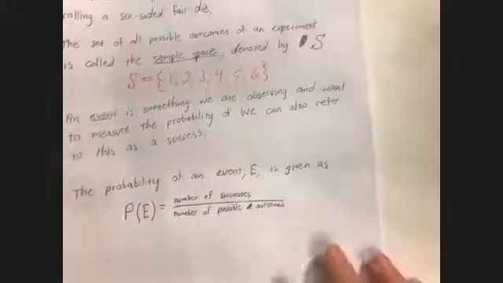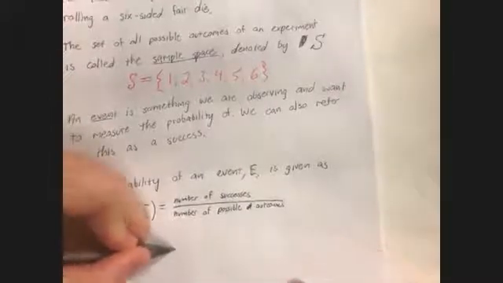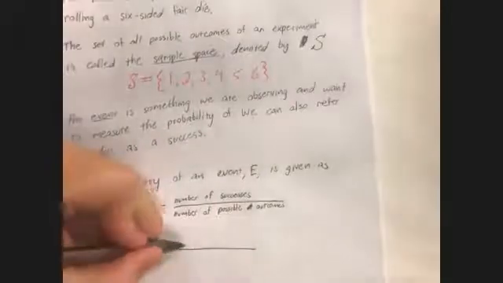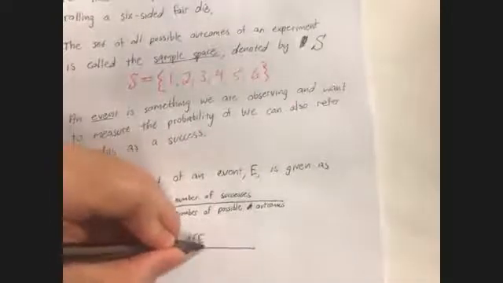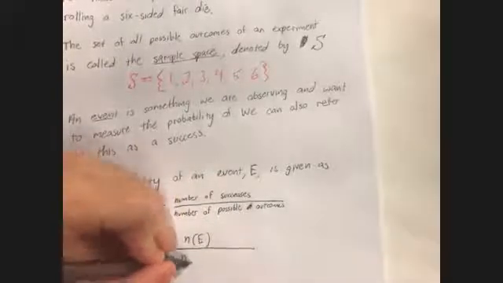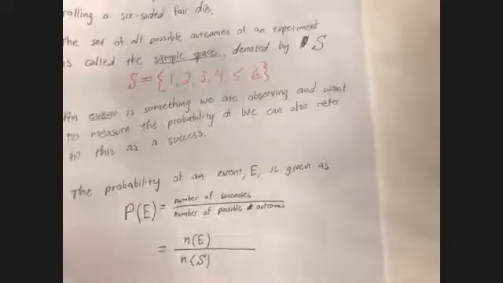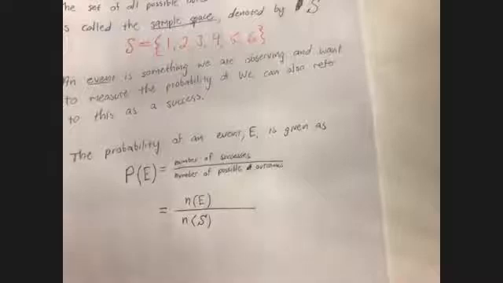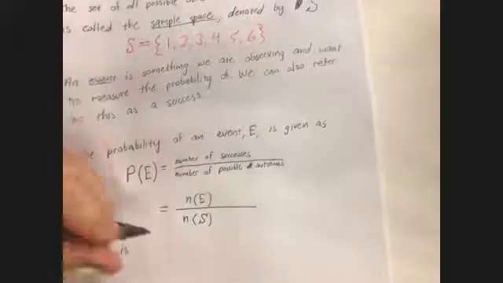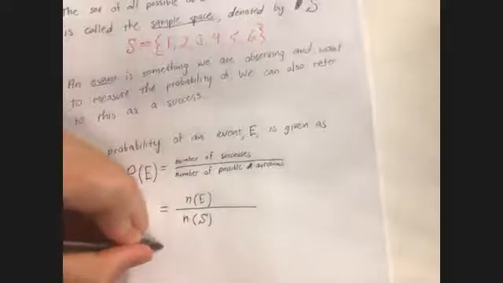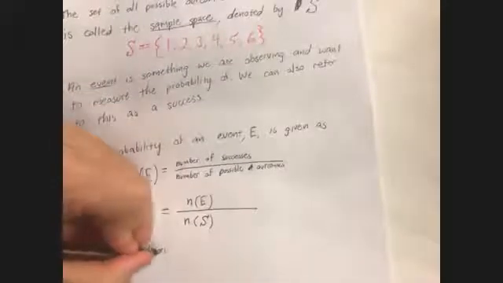We could also write it this way: the number of successes over the number of things in our sample space. That's another way you might see it. And this, where each thing has equal likelihood, is theoretical probability.